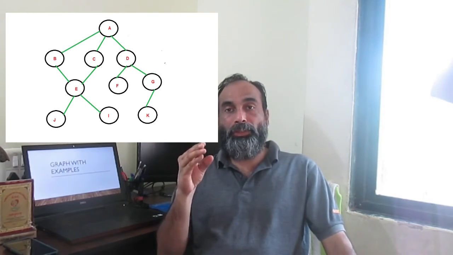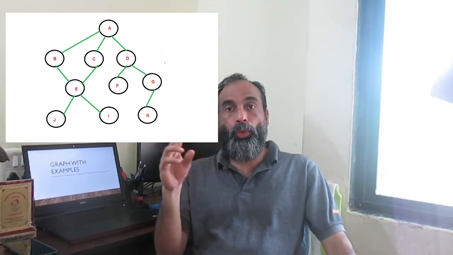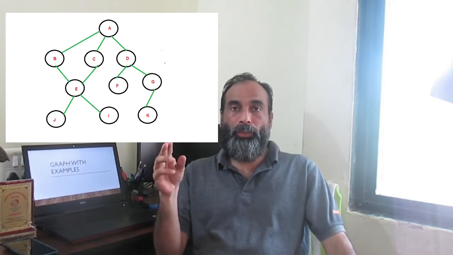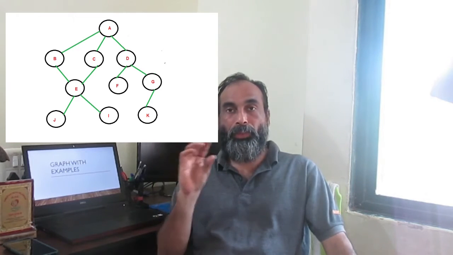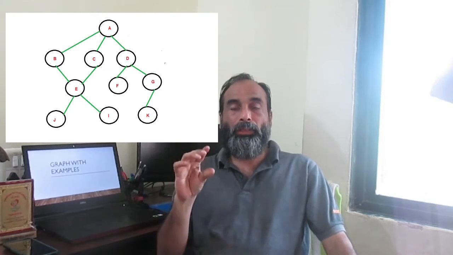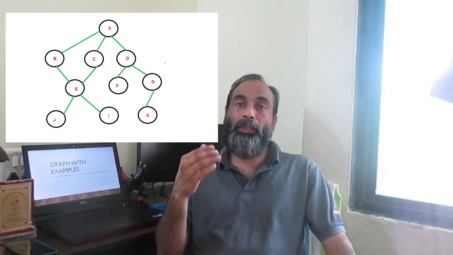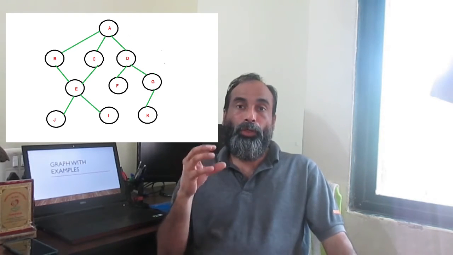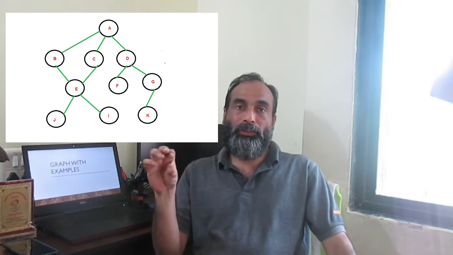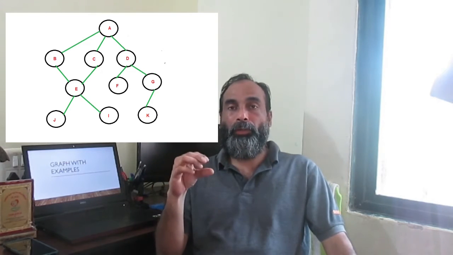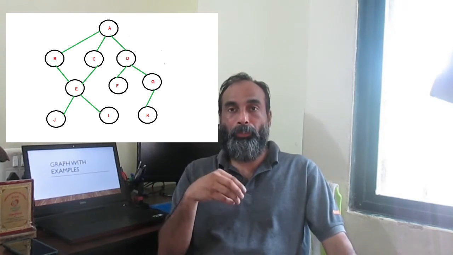In breadth-first search, we go level by level. After completing the first level, we go to the second level, then from the second level we go to the third level. But in depth-first search, we don't go level by level. We use depth.